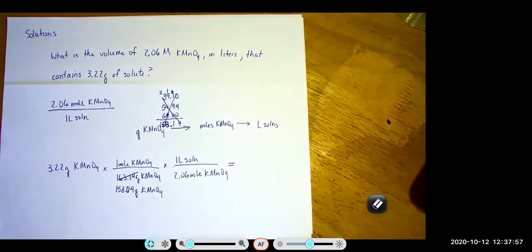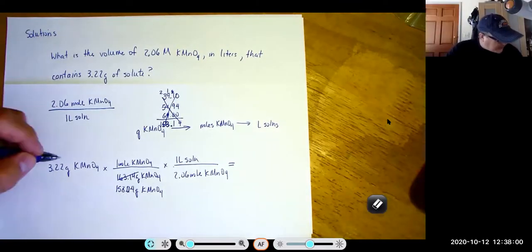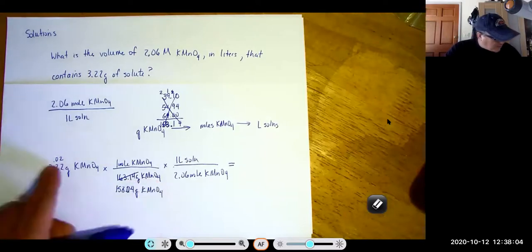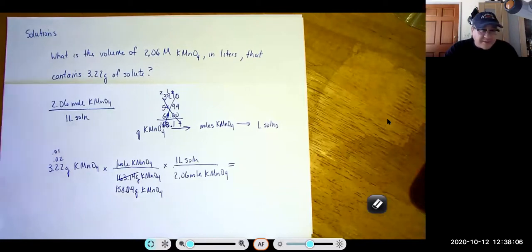At any rate, so this will go into this about 0.02 times. This will go into this about 0.01 times. So the answer should be about 0.01, right? Let's see what we get.